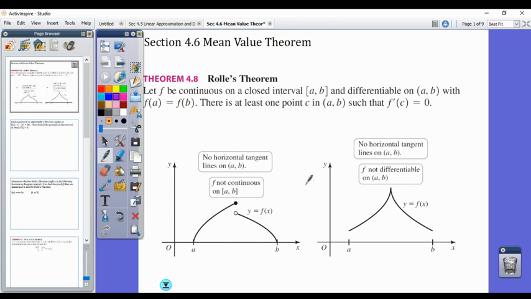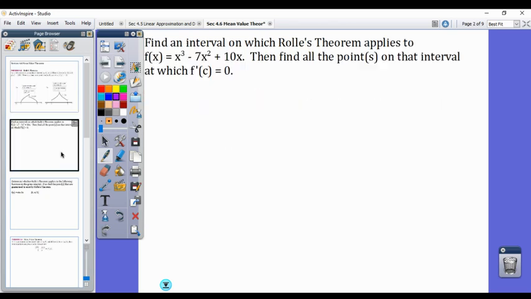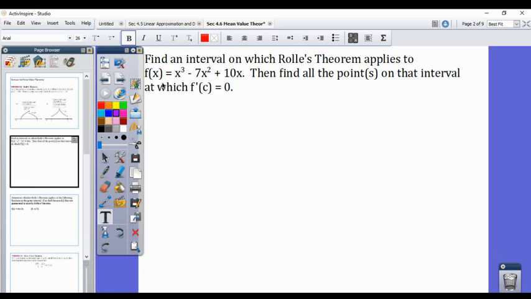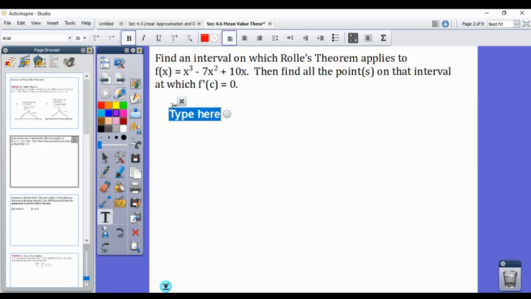Okay. So if I'm looking at this first example, the first thing I need to check is I need to make sure it's continuous and I need to make sure that it is differentiable. So in this case, I have a polynomial. So check, is it continuous?